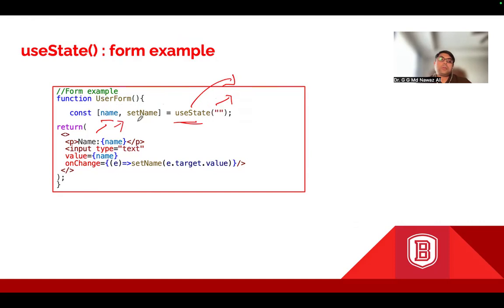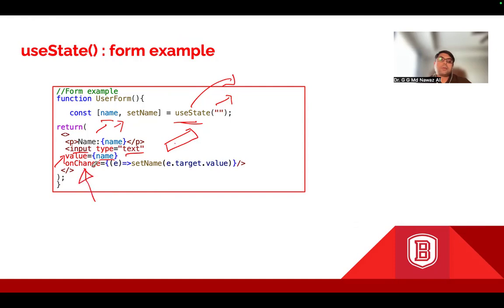Now, we register the value of this input. The input type is text, so a text field will be created here. The value is registered to the name variable, which is initialized to nothing, so there will be nothing in it. But you see the onChange, which is an event.